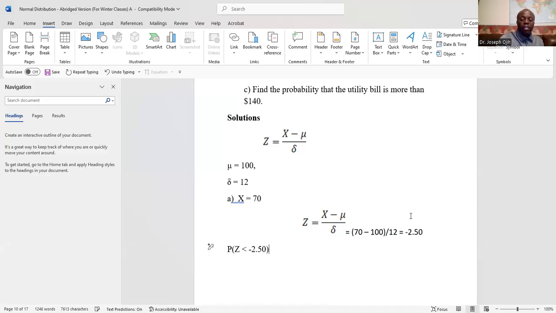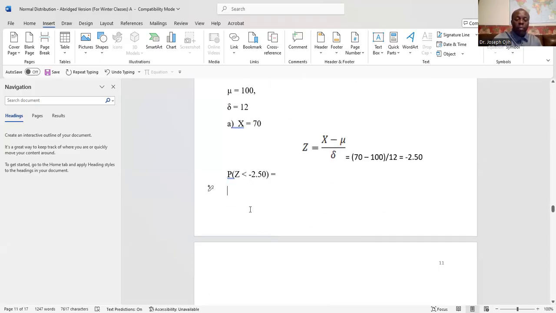But the fact that it's a negative sign shows that it is on the left side and that it is less than 0, which is the mean. In that case, to find the probability we're looking for, the Excel formula we'll be using is this. It's a less than, so it's on the left tail, basically.